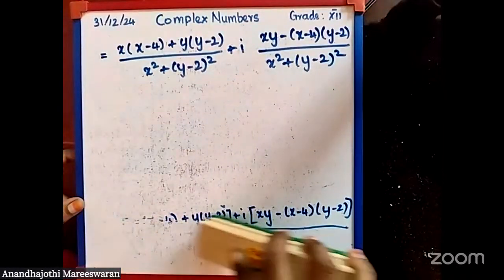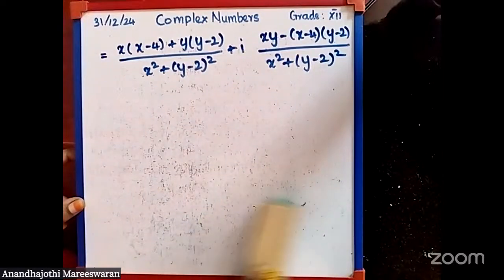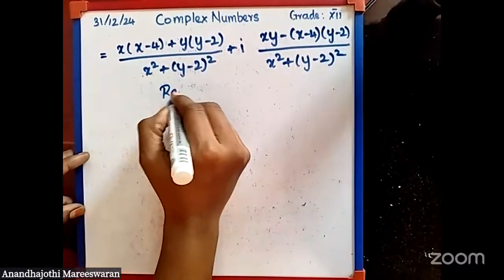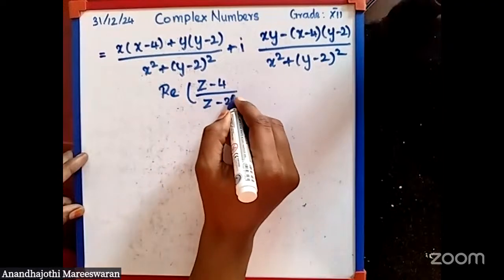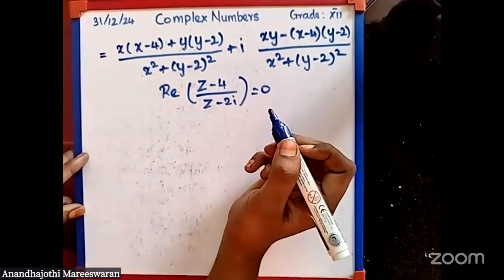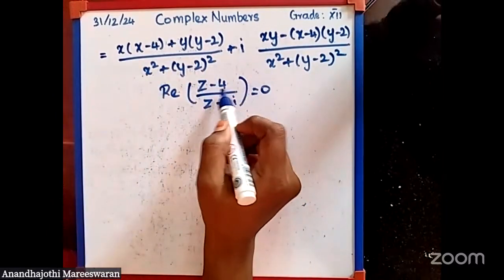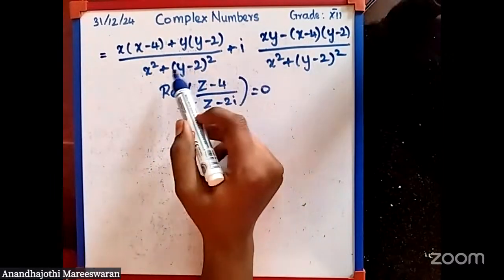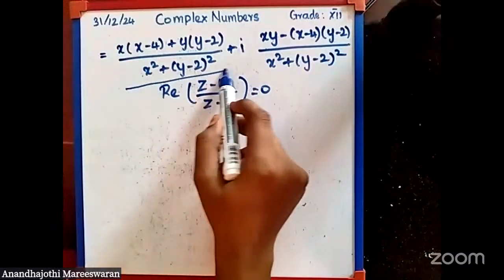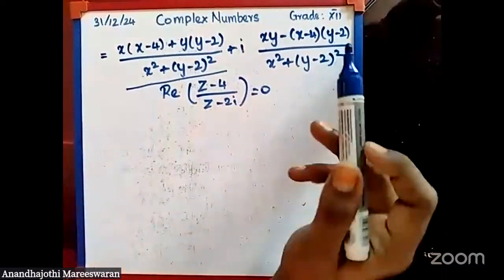So what do we know from the question? In the question they already given that real part of z minus 4 divided by z minus 2i equals 0. Now here we solved it for z minus 4 divided by z minus 2i. So we have this equation. In this, who is the real part? This is the real part, right? Here i is there, so it will be an imaginary part.